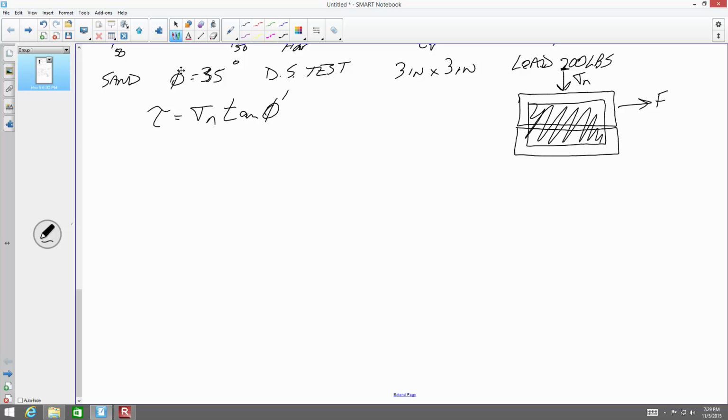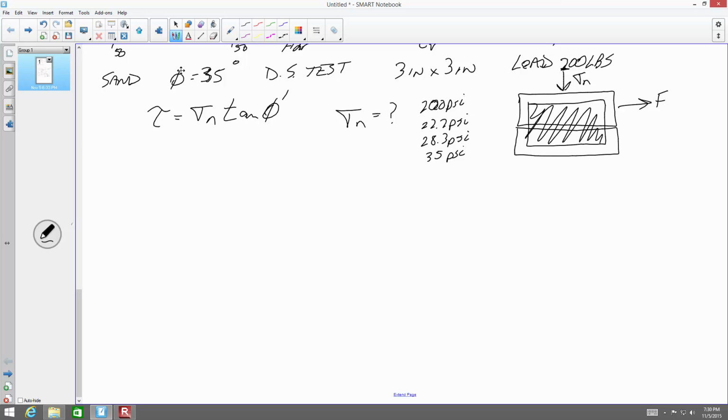So they told us we had a 200-pound load. We know we have a 3x3 box. Their first question is, determine the normal stress on the sample. So what's sigma n equal? They say 200 psi, 22.2 psi, 28.3 psi, or 35 psi.